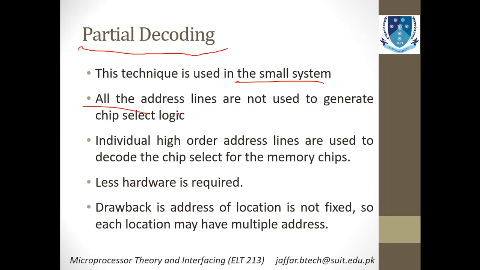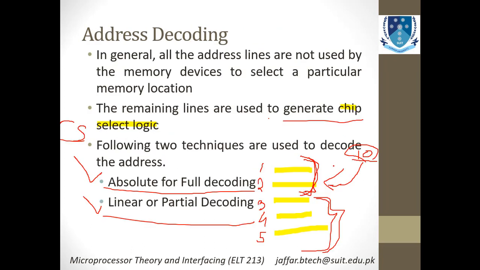All the address lines are not used to generate the chip select logic. You can use individual high order address lines to decode the chip select for the memory chips. You can see that this is the reverse of absolute decoding.